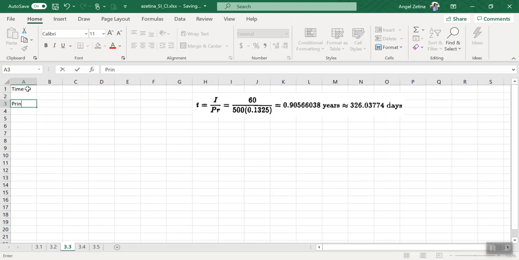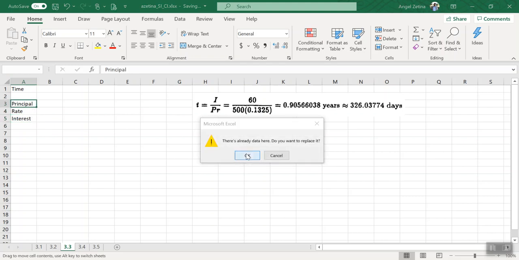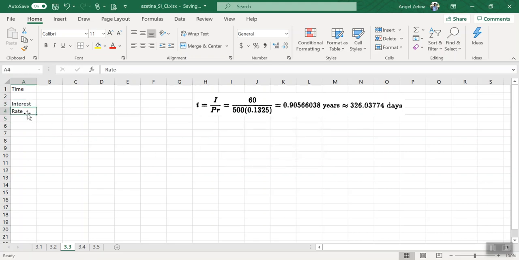So we need the principal, the rate, and the interest. Let's move the interest to the top, and that will give us a time.